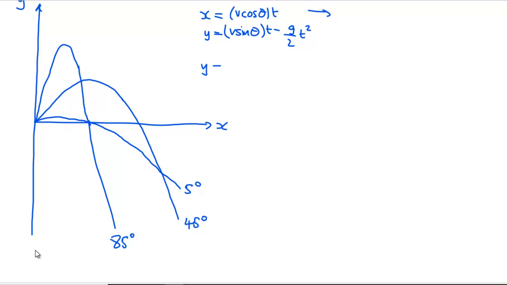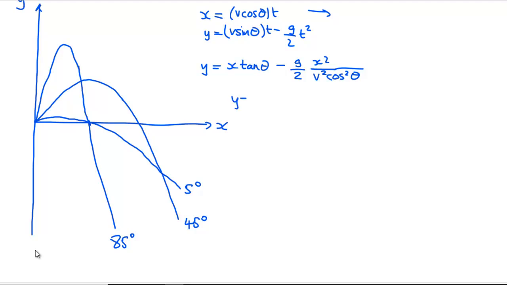Because t is x over v cos theta, y is going to be x tan theta minus g over 2 multiplied by x squared over v squared cos squared theta. That gives us y as a function of x, the equation of a parabola, really, for a projectile.